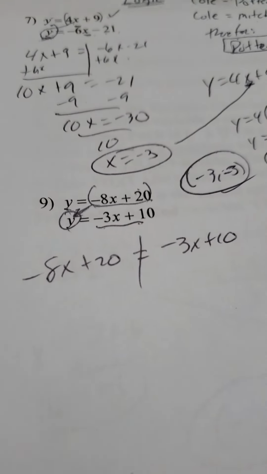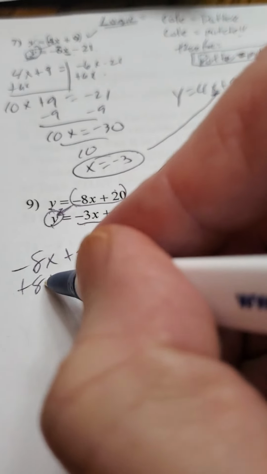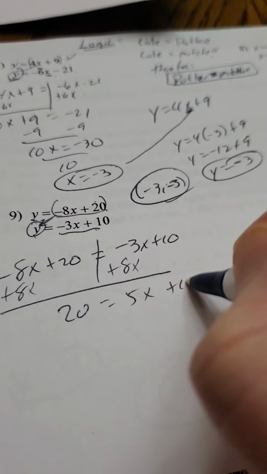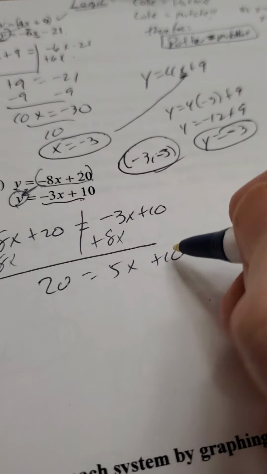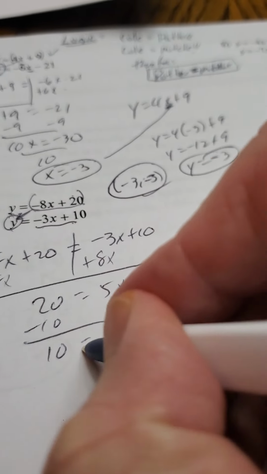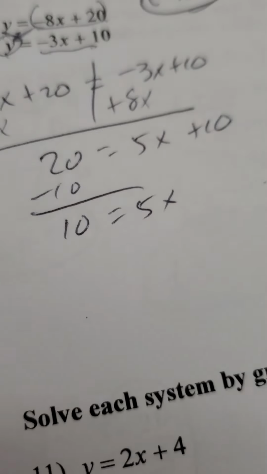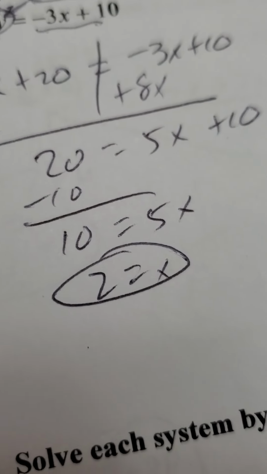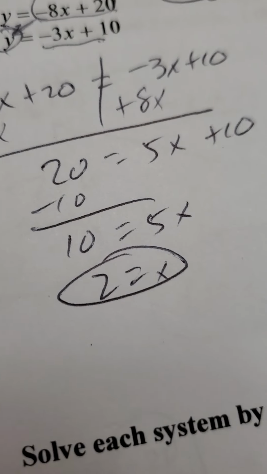Okay? So I have a variable on both sides. I'm going to move the 8x to the right. I'm going to move the 10 to the left. And divide. The first answer is x equals 2.